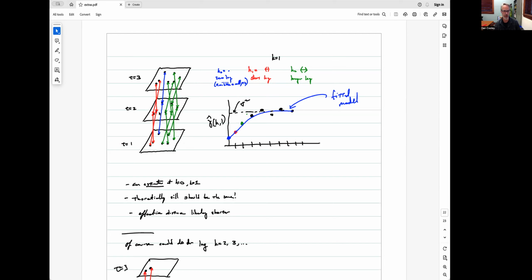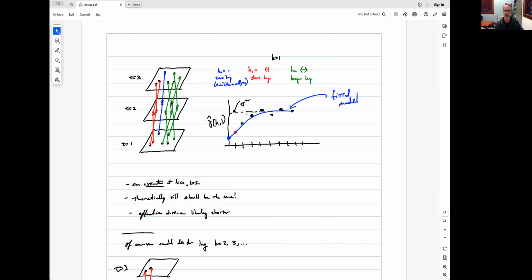So this point could get paired with that guy because the distance h is about right and we're at time lag 1. This guy could get paired with that guy. And of course we don't have to only do between time 1 and time 2. We could do time 2 and time 3, etc. For the green points, we pair up these two guys with their opposite pairs, these two guys with their opposite pairs. We could do it between time 1 and time 2 and time 2 and time 3, and we could get the green point.